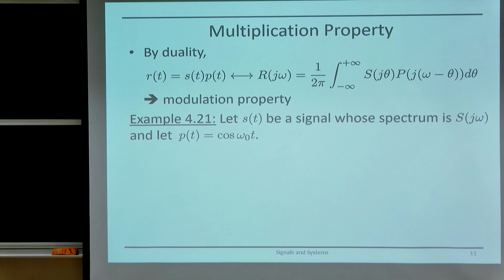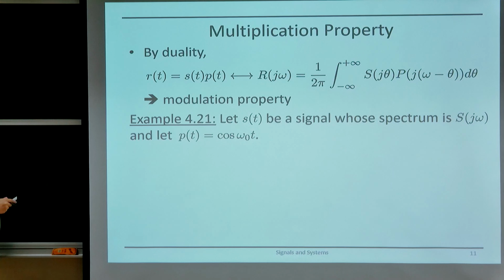Now this is also sometimes called the modulation property because when you multiply one signal on the other signal, you're basically modulating the amplitude of this second signal, or the other way around.